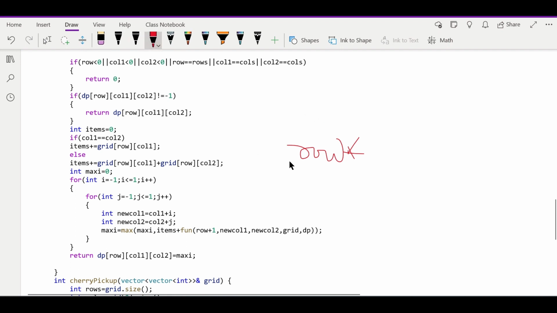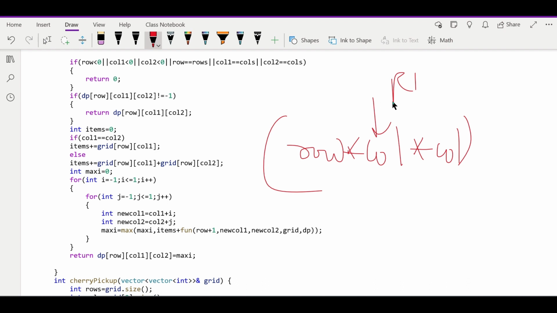But in the worst case, both the robots can iterate the columns once: robot 1 iterating the columns once, and robot 2 also iterating the columns once. So I can say that the time complexity would be row into column.